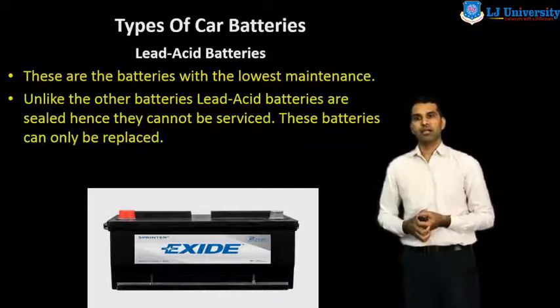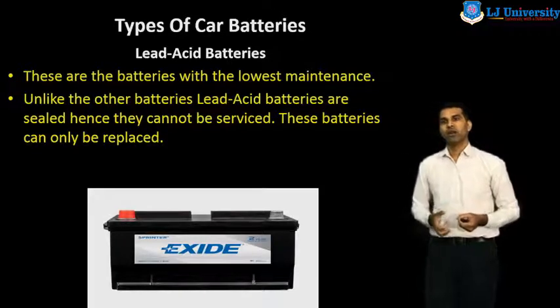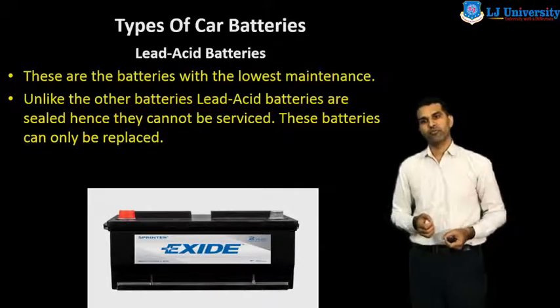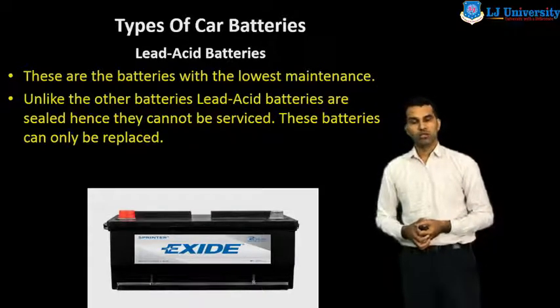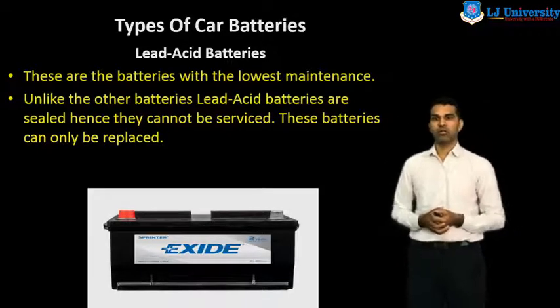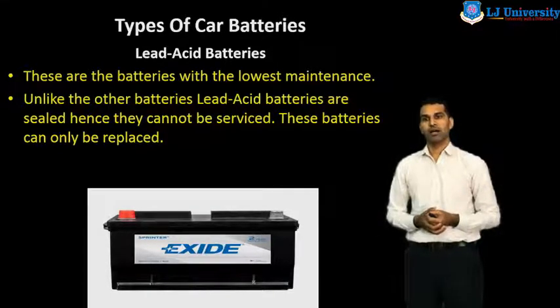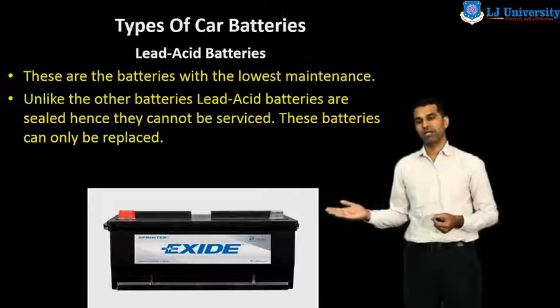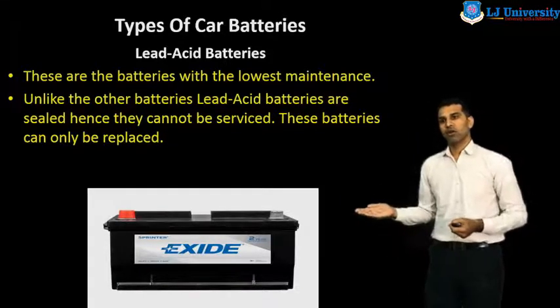Unlike the other batteries, lead acid batteries are sealed, hence they cannot be serviced. These batteries can only be replaced. So this is also the negative point of this battery. We cannot open this battery and give it for service. This battery we can only replace.